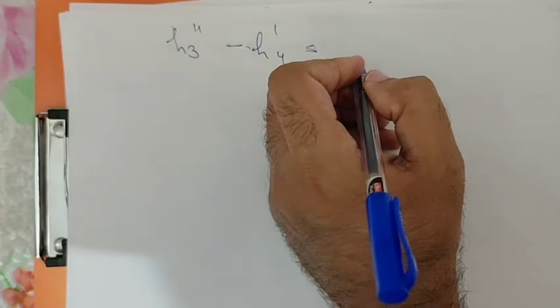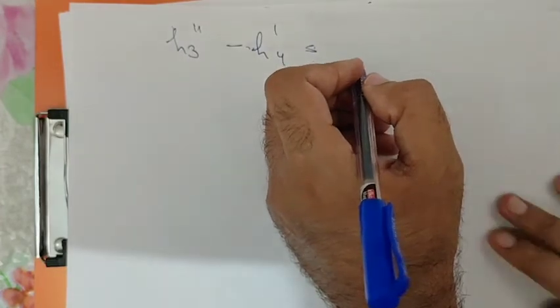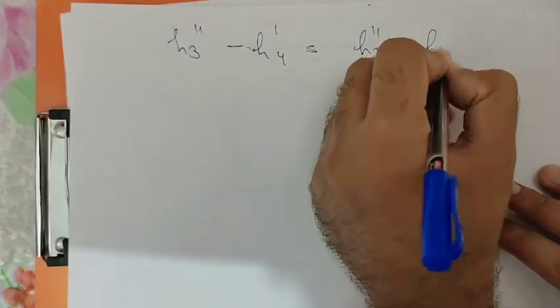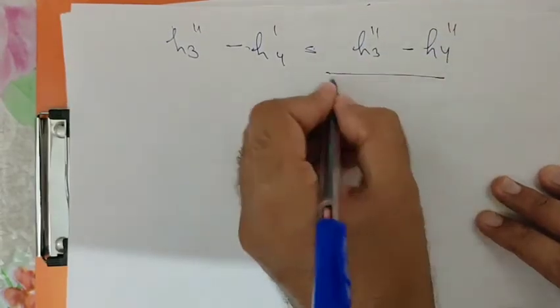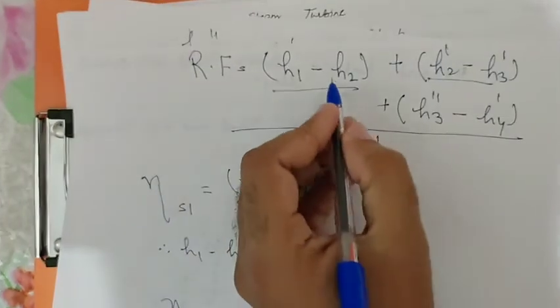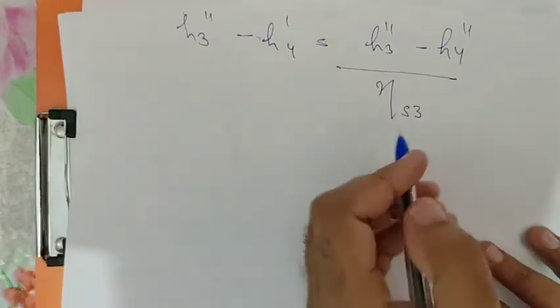It will be H3 double dash minus H4 double dash divided by efficiency of stage 3. So these are the three values which we have to determine, that is H1 minus H2, this value and this value. So we have determined them in the form of enthalpy and efficiency of stages.